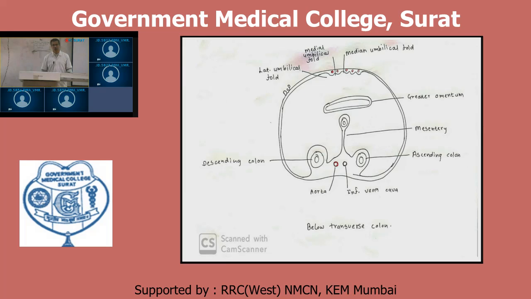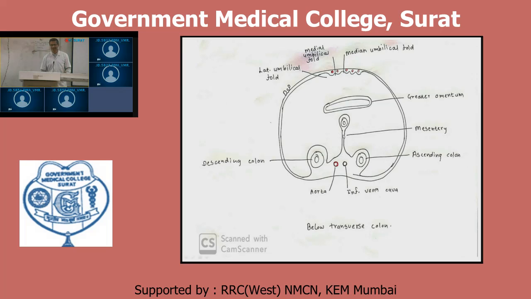And now after forming the mesentery, from the right side the right layer, the left layer is formed, and this is again reflected in relation with the posterior abdominal wall on both sides. After covering the psoas major, it will again cover the descending colon, and then it will form the left paracolic gutter here.